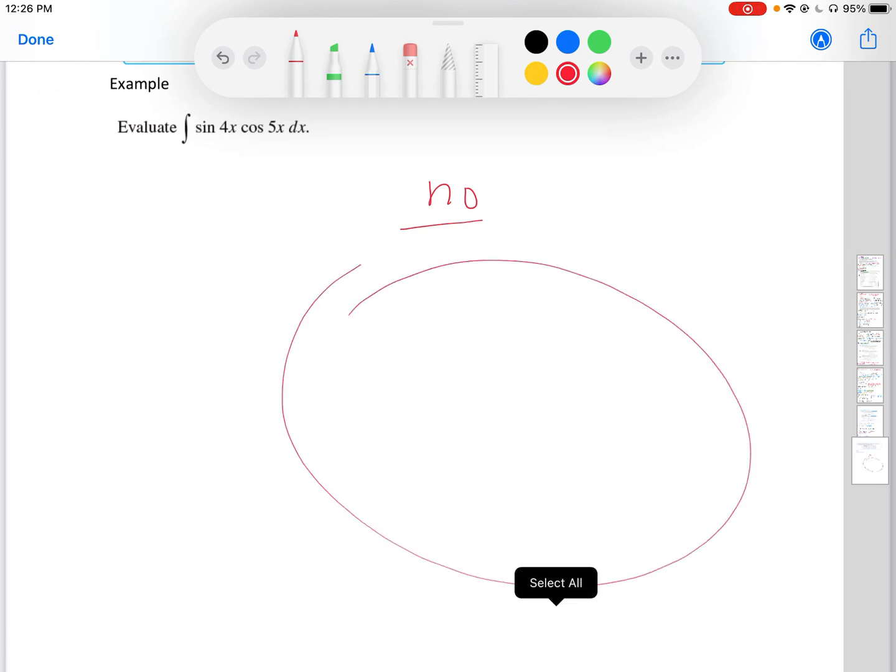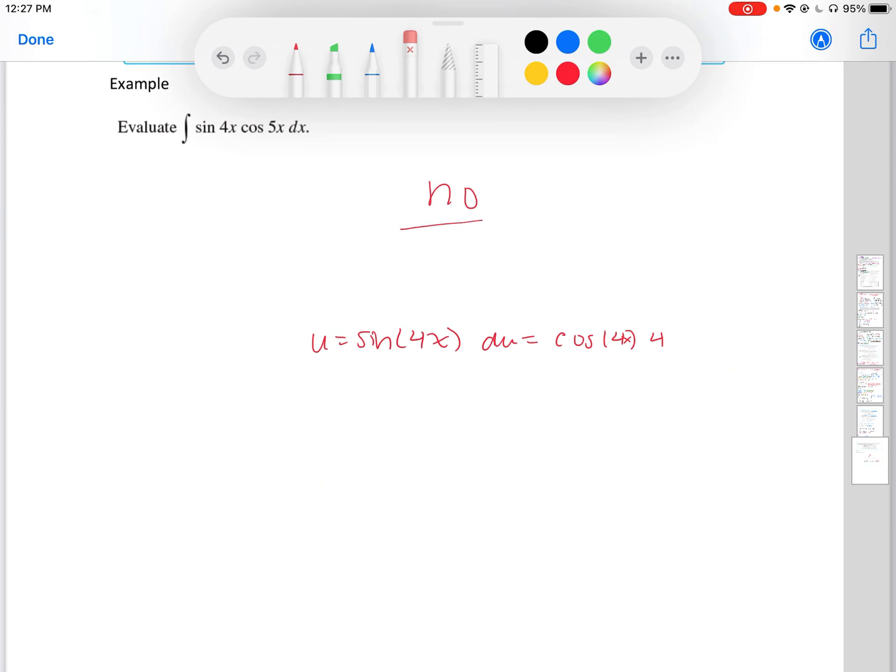If we let u equal sine of 4x, our du would be cosine of 4x times 4. We don't have cosine of 4x, do we? No.